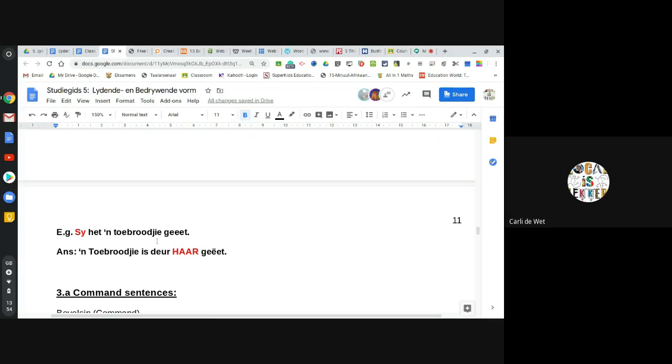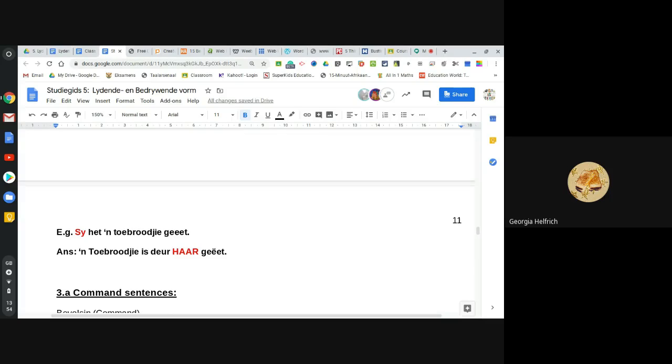Sy het die toebroodjie geëet. I need to change that spelling there. Sy het 'n toebroodjie geëet. Okay. Don't look at the answer yet. What can you see, Georgie? What can you see in that sentence that's going to give you information immediately about the tense? What can you see?